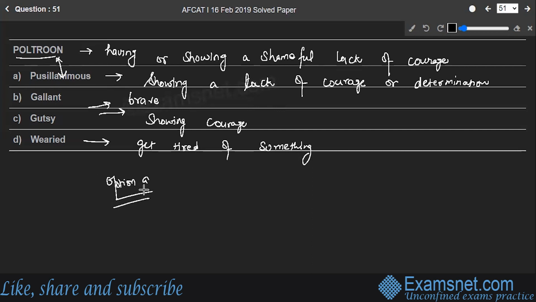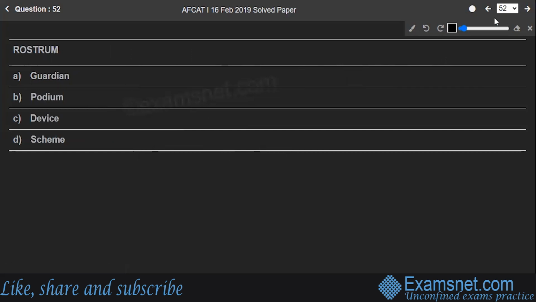Let's move to the next question, number 52. Again, the same rule is there. You have to find out the word out of the given options which best describes the word rostrum. So the given word is rostrum, which means a level, usually raised surface.